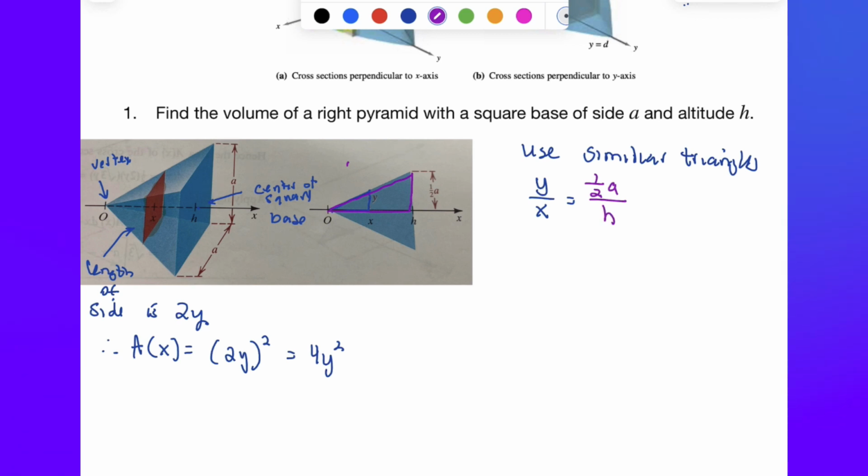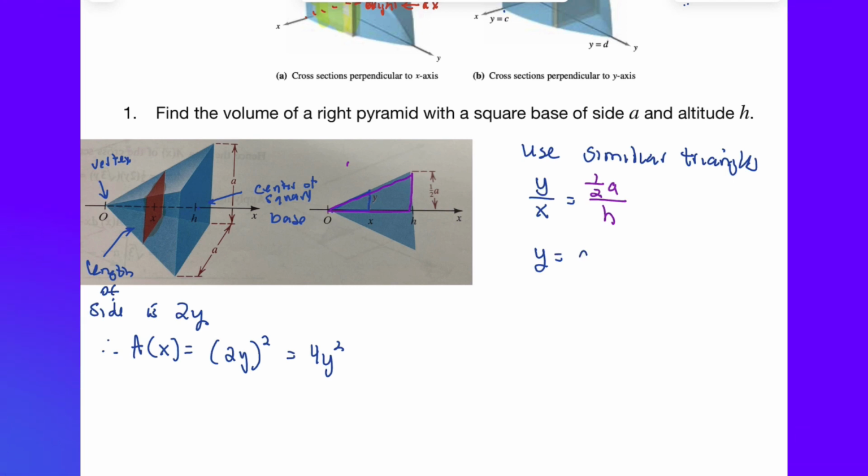I'm going to solve this equation for y by multiplying each side by x and simplifying the compound fraction. You end up with y equals ax over 2h.